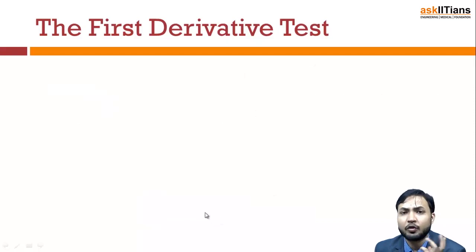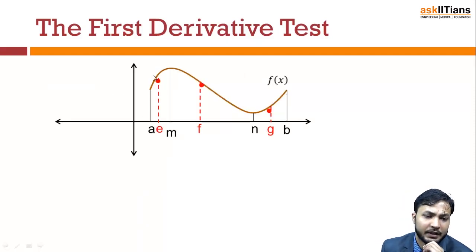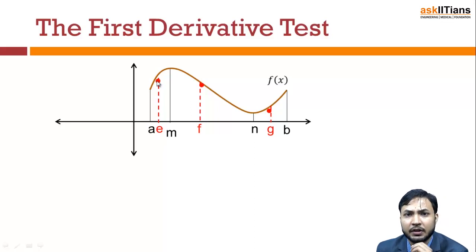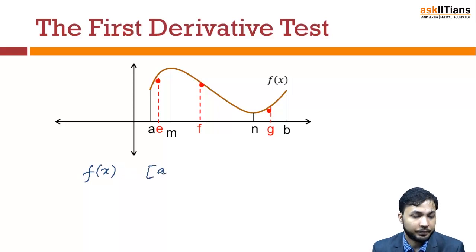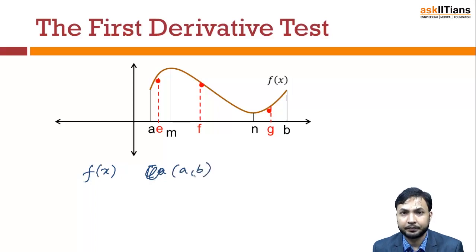Now let's come to this part again with the same function that we used, the graph of it. First of all, f(x) on a particular open interval (a, b).